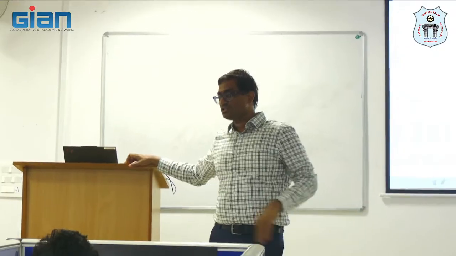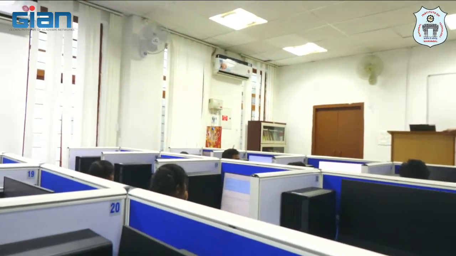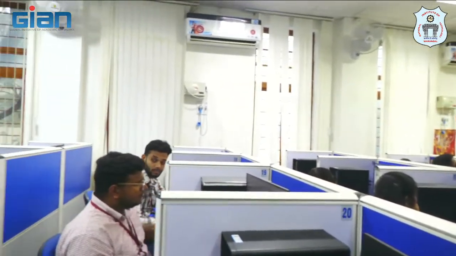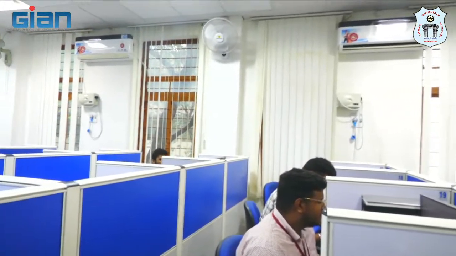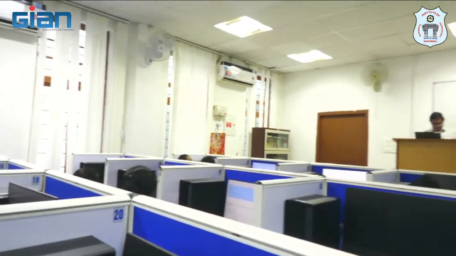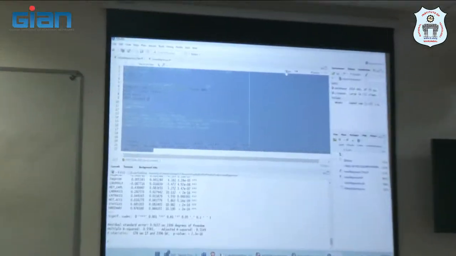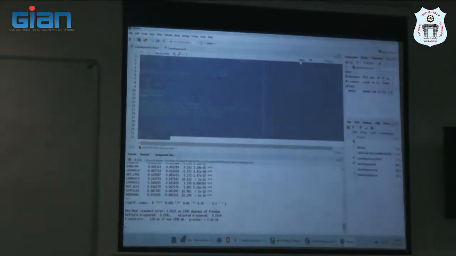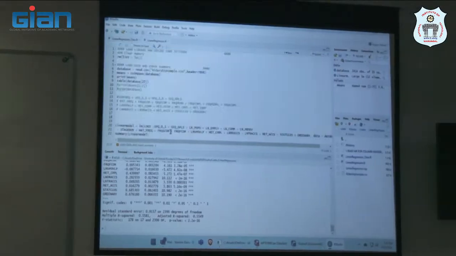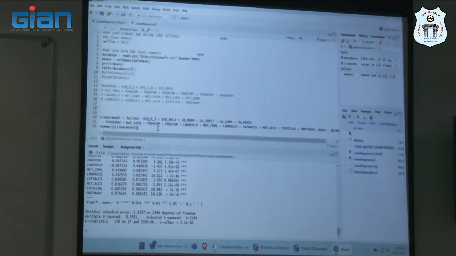What is the lowest t-stat value that you have? For this one, I got 0.55.